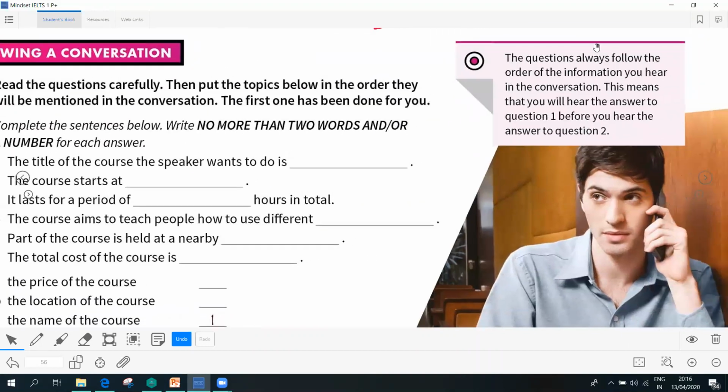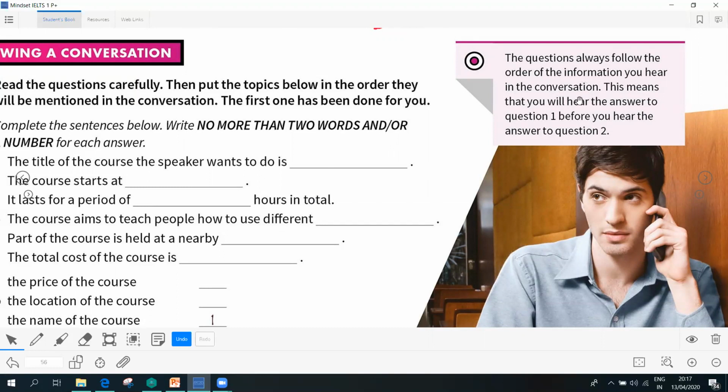Let's read the information here. The questions always follow the order of the information you hear in the conversation. In this type of task, sentence completion tasks, where you listen to a conversation and complete the sentences, the sentences always follow the order of the information in the conversation.